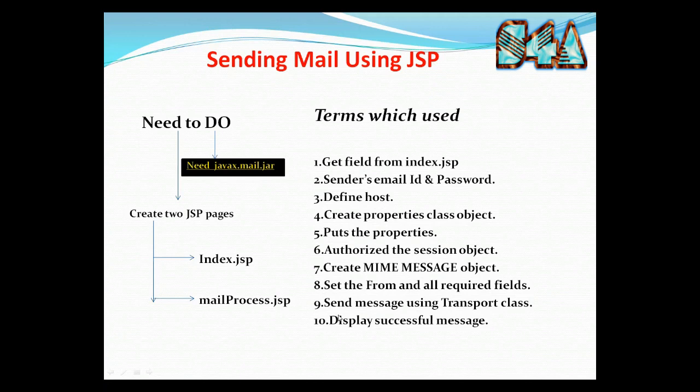How do you get the fields from index.jsp? This is the index.jsp. Here in index.jsp, how you define the HTML code, you know very well, so it is not mandatory for me to show it, but I want to show how to define each and every point in index.jsp.